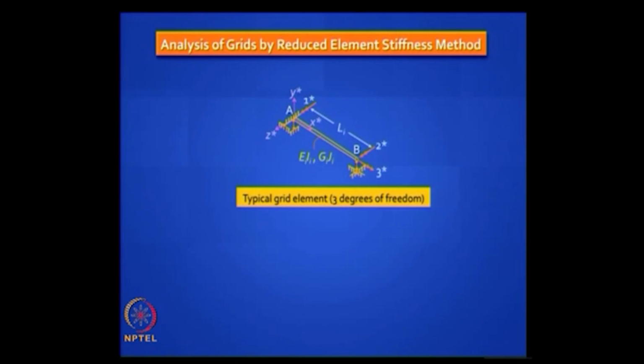Now we are dealing with a 3 degree of freedom system, 1 star, 2 star and 3 star. The 3 star is the new addition that you have over the beam element, and its direction is pointing outward. It is a double arrowhead and you need to give it a new interpretation. Earlier, when we had the axial element, we had a single arrow pointing outward.